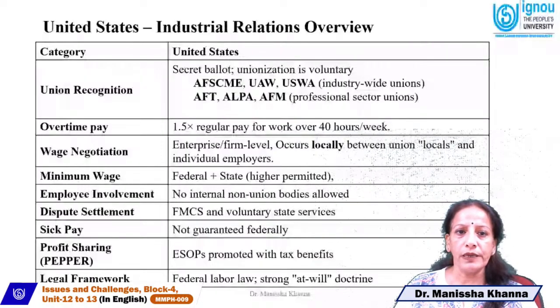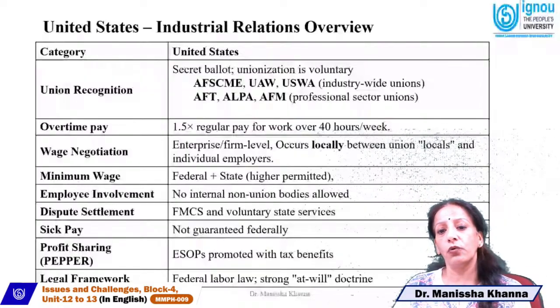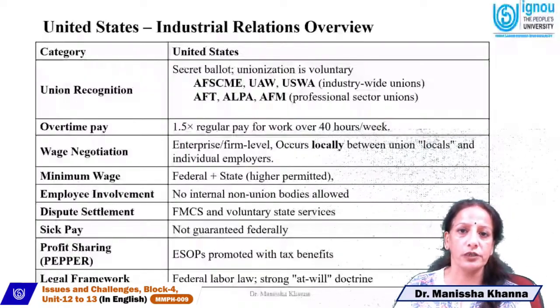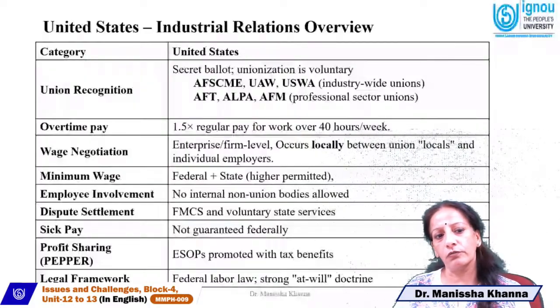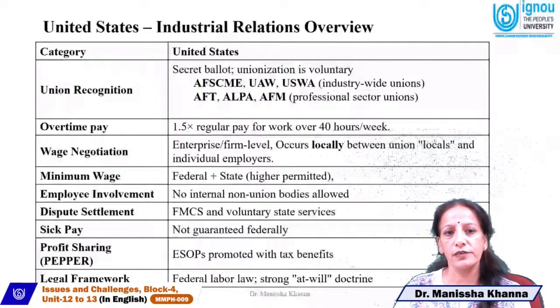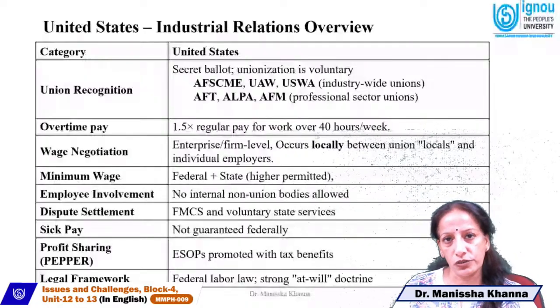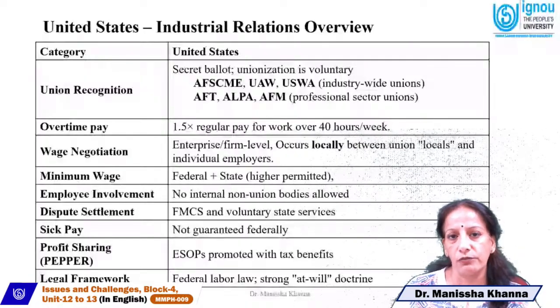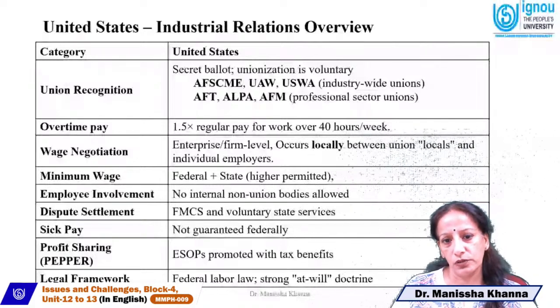The overtime pay here is 1.5 times regular pay for work over 40 hours per week. This is very important when it comes to overtime pay, because it is almost the highest of all countries. So wage negotiation is at enterprise or firm level, and it occurs locally between locals and individual employees.